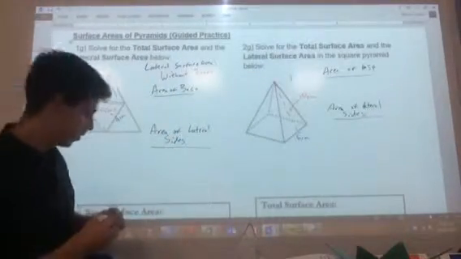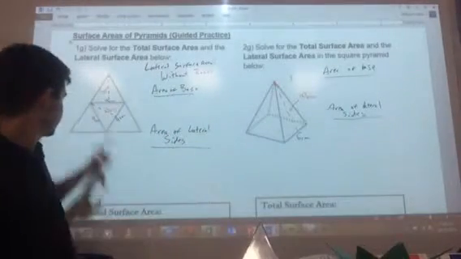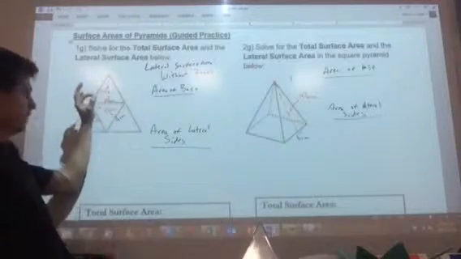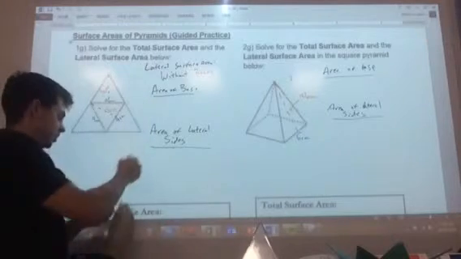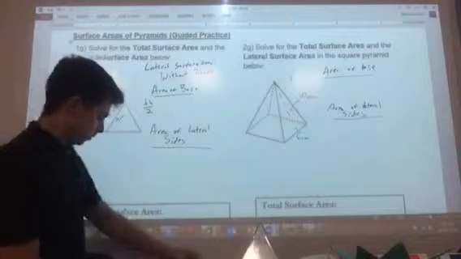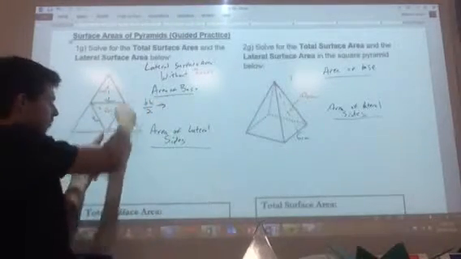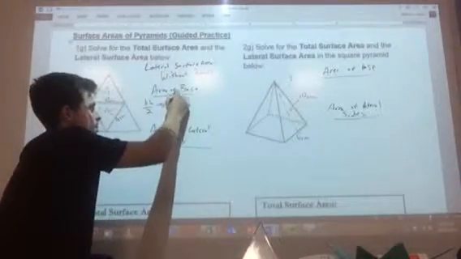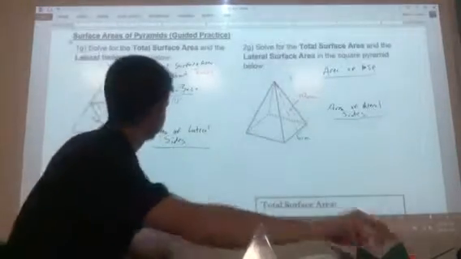So for the area of the base, we're just solving for the bottom of it. The base, it's this triangle right here because all these triangles will fold up to its apex. We're going to use this formula right here: base times height divided by 2. And the base is going to be 4 centimeters, and then the height of it is 3 centimeters.